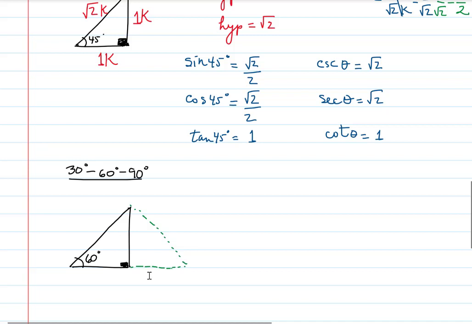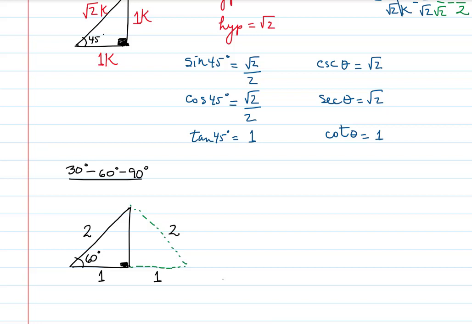So just to put nice numbers in here, if I let each side of the equilateral triangle be 2, that's 2, this is 2, this bottom one will have to be 2, but because this height cut it right in half, then this will have to be 1, and that will have to be 1.